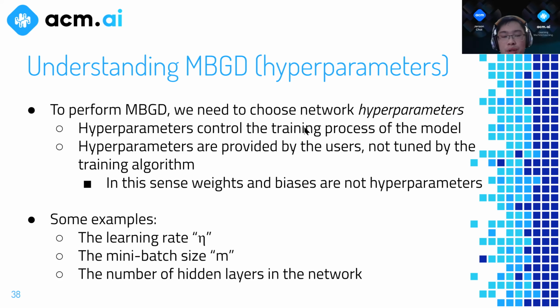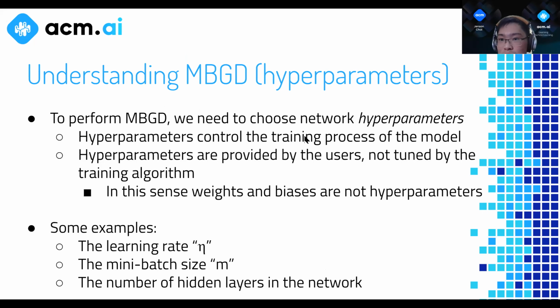Usually hyperparameters are not tuned by the training algorithm itself. Instead, they're provided by the users. In this sense, weights and biases are not hyperparameters, they're just regular parameters. The learning rate of our gradient descent algorithm is an example of a hyperparameter because that's the step size of our network.